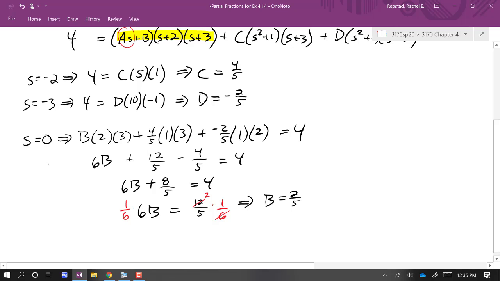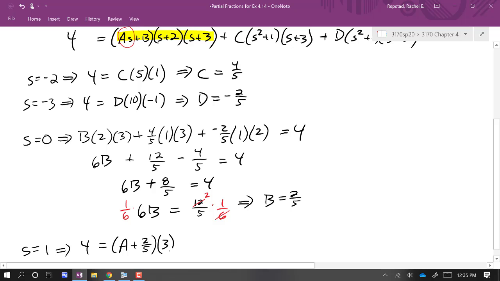So the only value left to find now is a, and we know b, c, and d. So let's say s is equal to 1, then on the left side we always have 4. If s is 1, that first term, as plus b, is just a plus b. So that's a plus 2/5, because we now know that b is equal to 2/5.